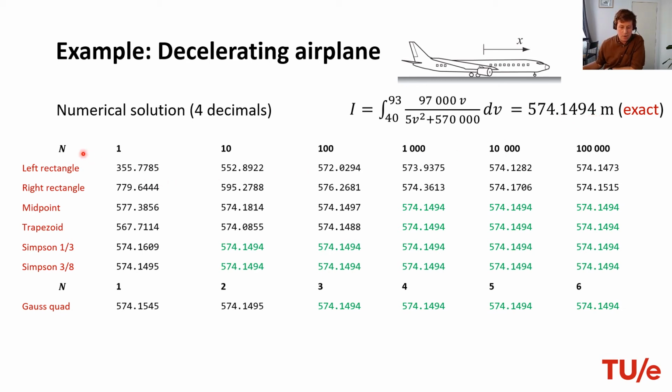And we took a look at how each of the integration methods that we discussed worked for this case. And we limited ourselves to only these 4 digits after the comma. And from that, we said that Simpson is more accurate than, let's say, rectangle, and Gauss is also very accurate. But let's now try to be a little more precise.